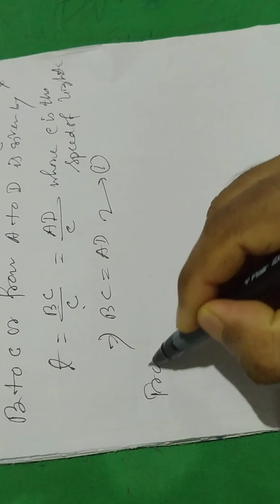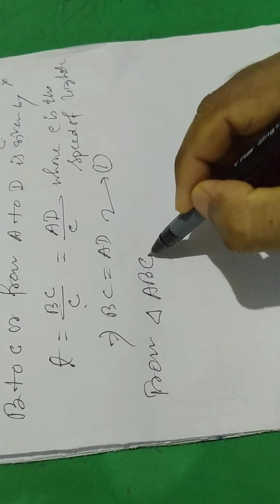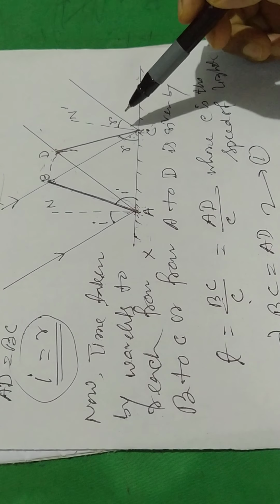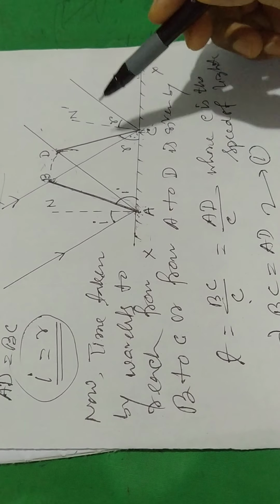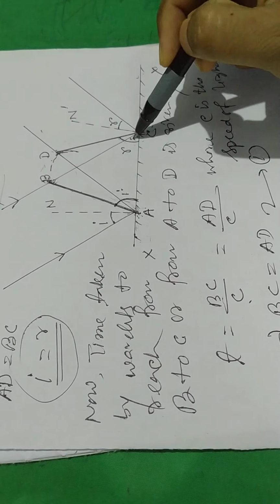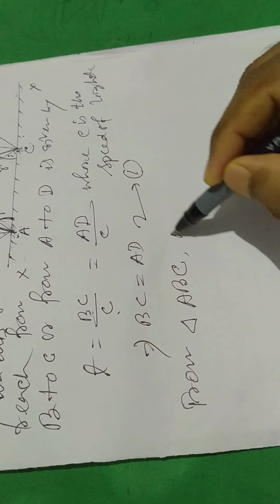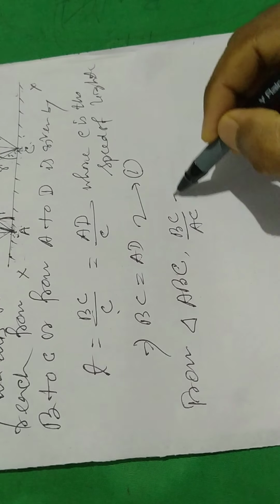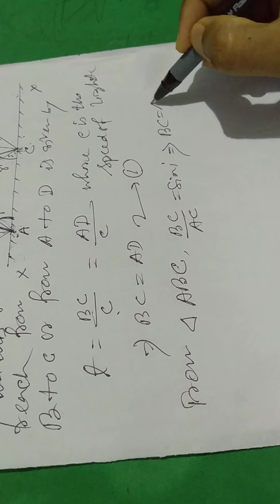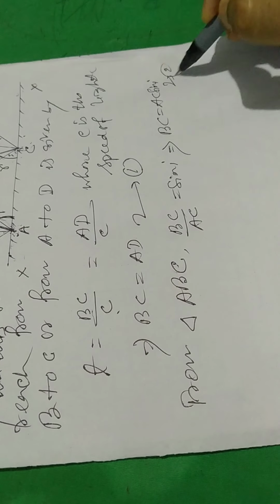Now from triangle ABC, this is the diagram, ABC is a right angle triangle. With respect to i, the angle of incidence, BC is perpendicular and AC is hypotenuse. So you can write sin i equal to BC by AC, that is BC equal to AC sin i. Equation number 2.